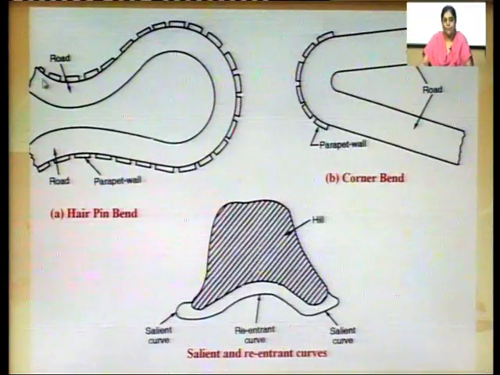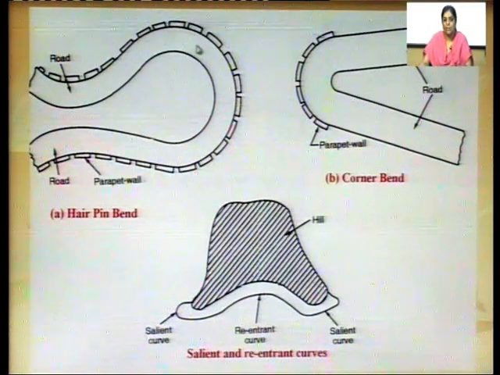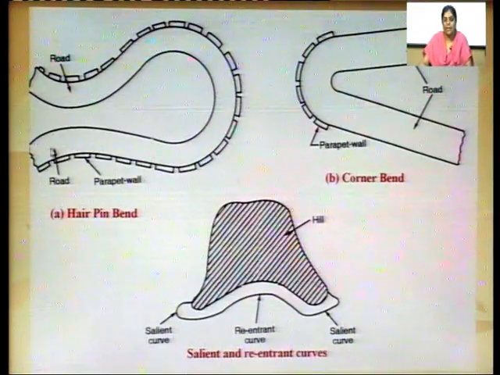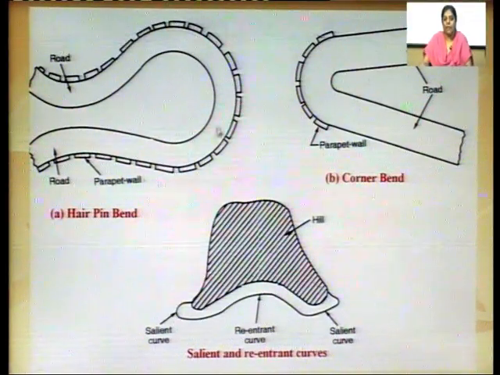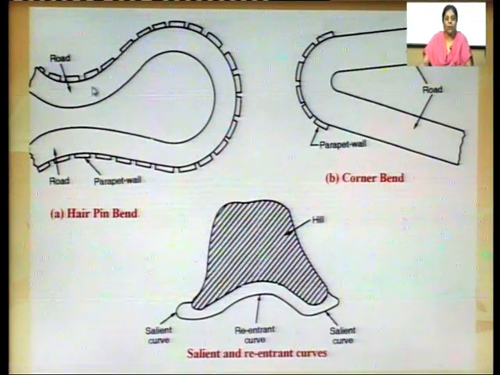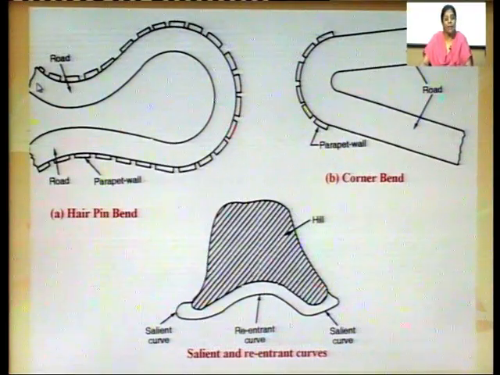You can see that we will negotiate this bend like this. So, this is a hairpin curve. Just see, it has the shape of a hairpin, which ladies generally use for tying their hair.